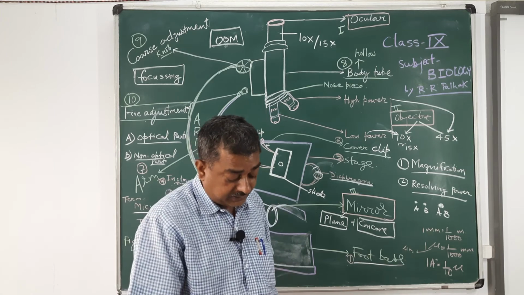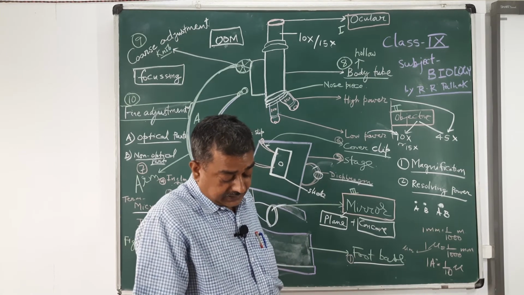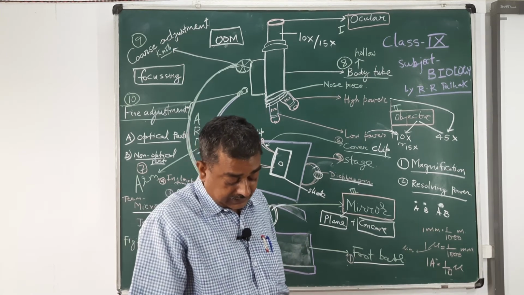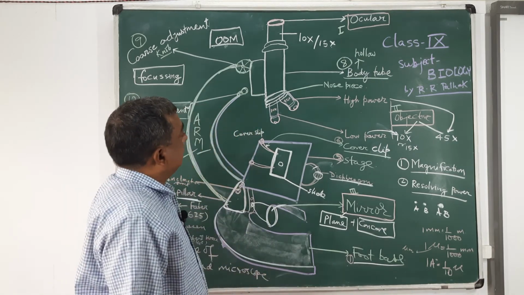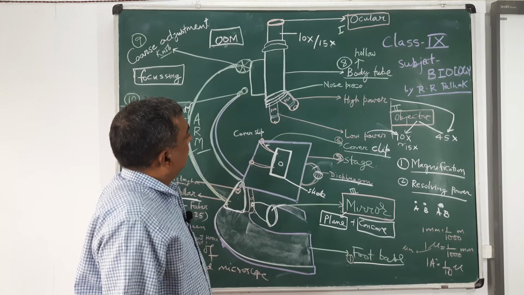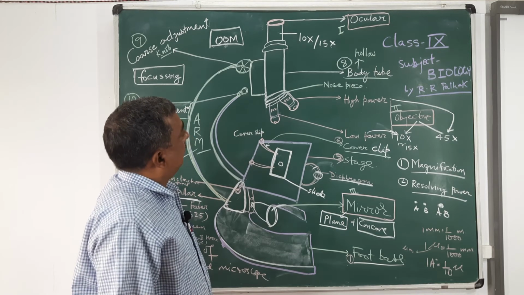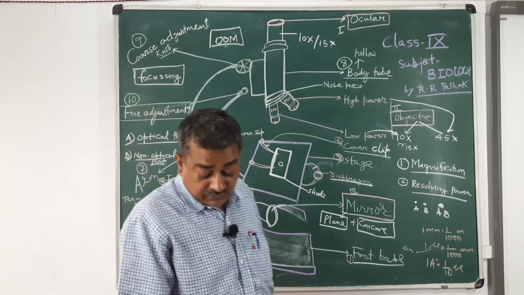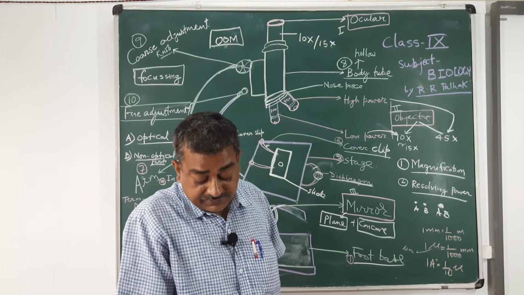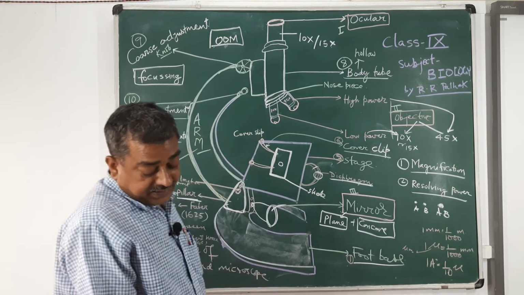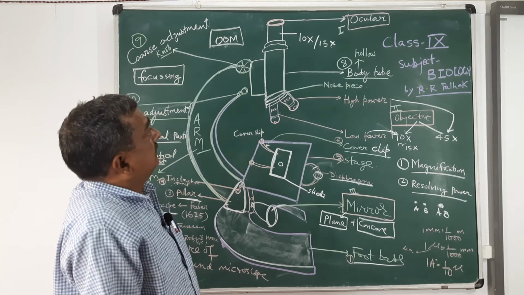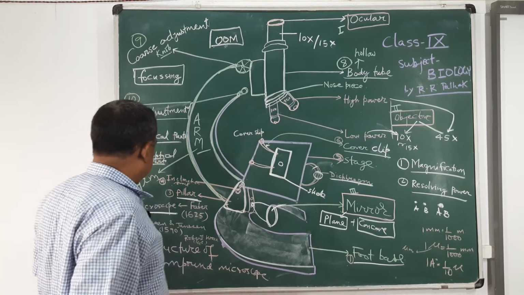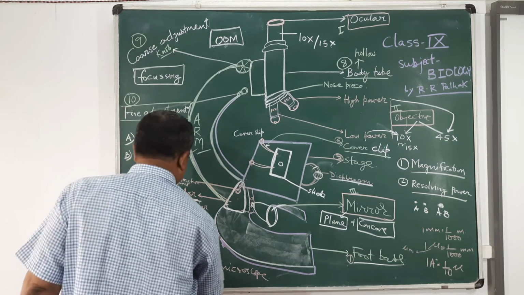It is an important part of the microscope, to which the objective is fixed, and proper focusing of light is essential. Another is coarse and fine adjustment. The body tube is moved up and down with the help of coarse adjustment. So, these are the important parts of the structure of the compound microscope.